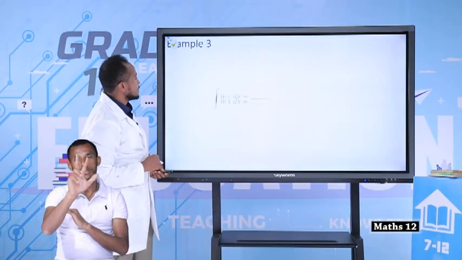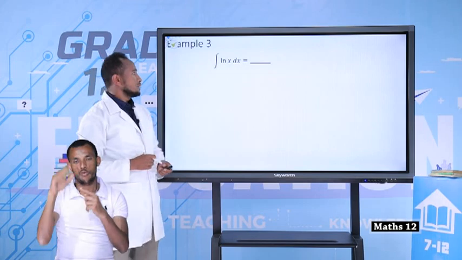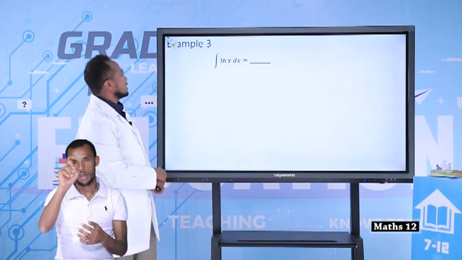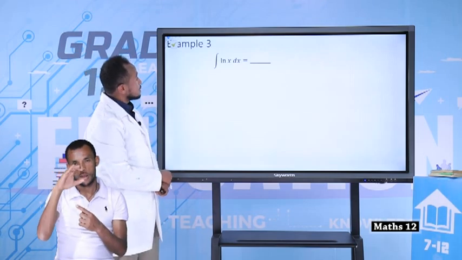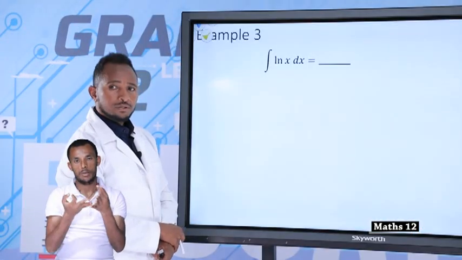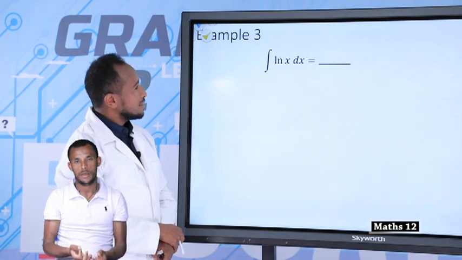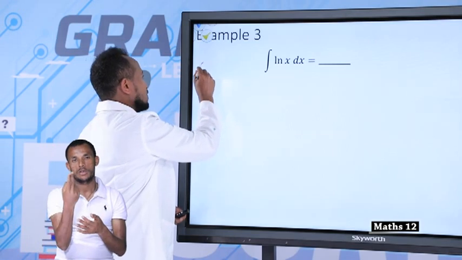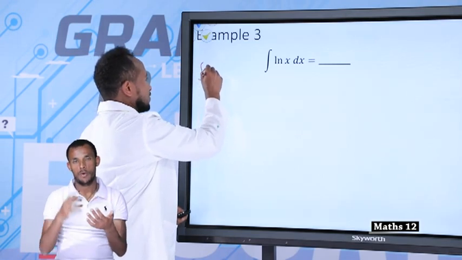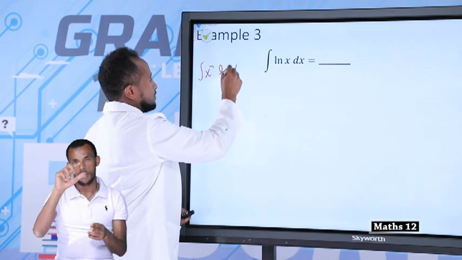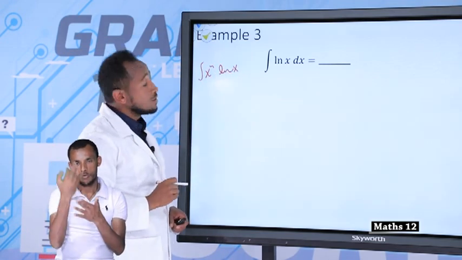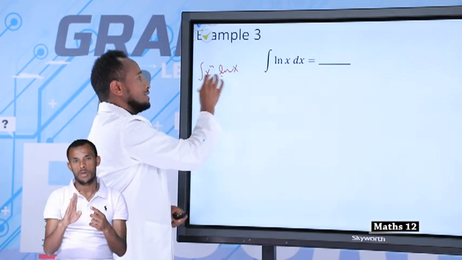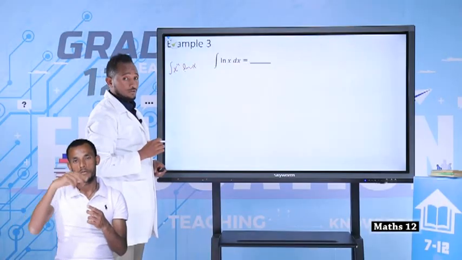Example 3. Let's try to find the integral of ln x dx. To find the integration of this expression, in the guideline, if a function has the form x to the power of n times ln x, you have to let u be ln x and the other function be dv.